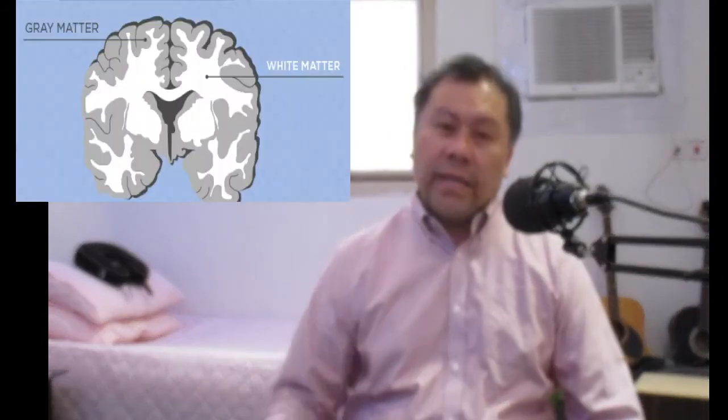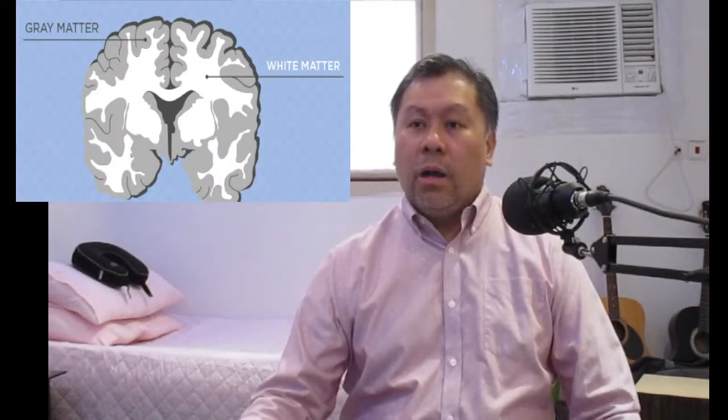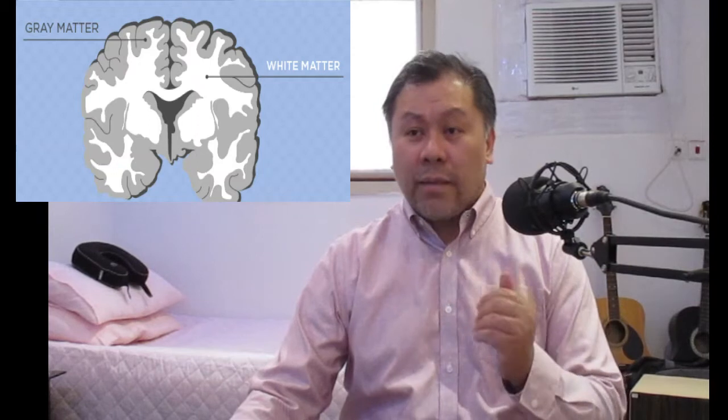Head rotation is a function of the premotor cortex. And the autonomic nervous system is a functional division of the brain. While the gray matter consists mainly of the neuronal cell bodies or the soma.